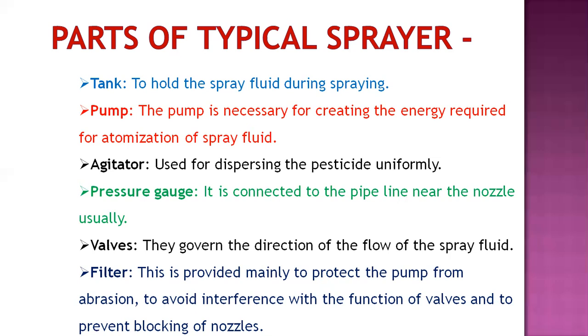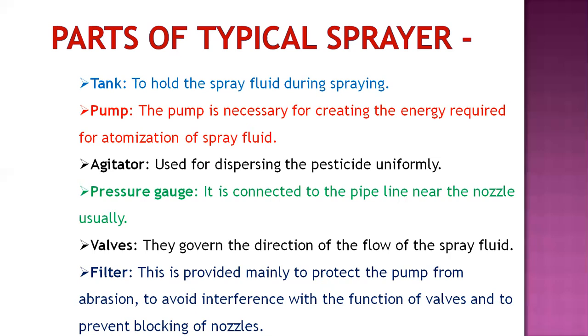Now the valves govern the direction of flow of the spray fluid. When the pressure is in excess of the set limit, it can be released through a safety valve. Now the filter.